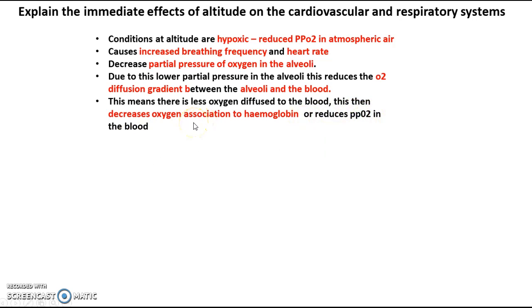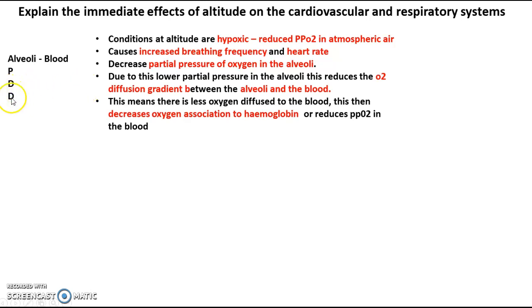All of this is in contrast to what we looked at for gaseous exchange at sea level, or just normal gaseous exchange, with the GASP-DD process. It's still here. We've got the P, D, D, but now the partial pressures change because there's a decrease in the partial pressure of oxygen in the alveoli, which means a reduction in the oxygen diffusion gradient between the alveoli and the blood.